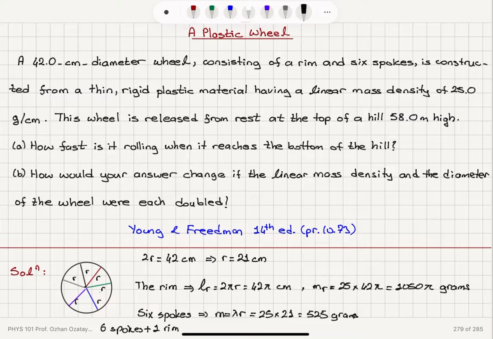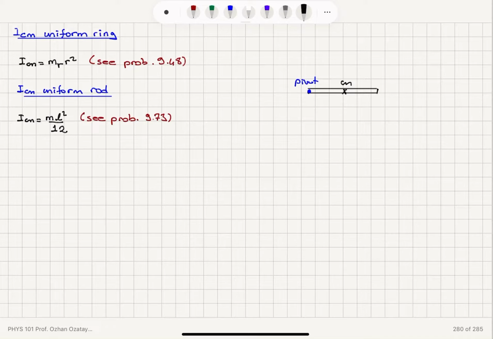All right. So the moment of inertia for a uniform ring was calculated in problem 9.48. It's equal to the mass of the ring multiplied by the radius squared. The moment of inertia of a uniform rod was calculated in problem 9.73.